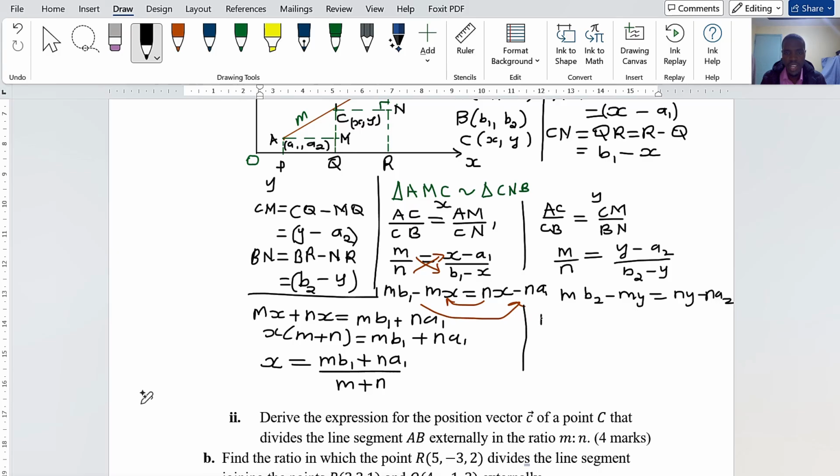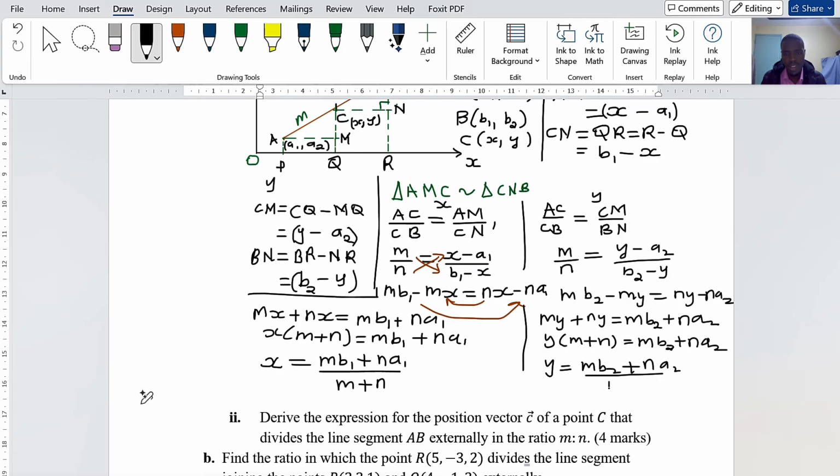Rearranging, bringing y together, we'll have my plus ny on one side, and on the other side m b2 plus n a2. Factorizing y, we have y into m plus n equals m b2 plus n a2.